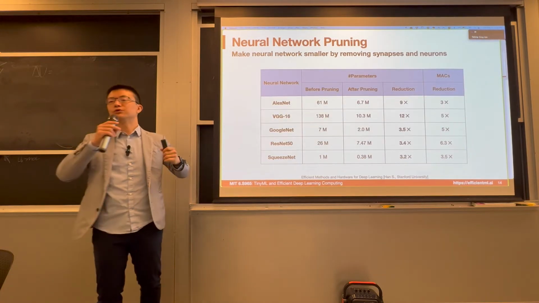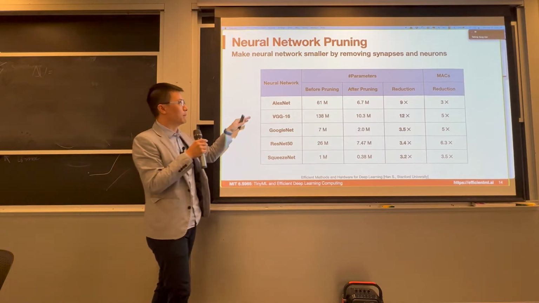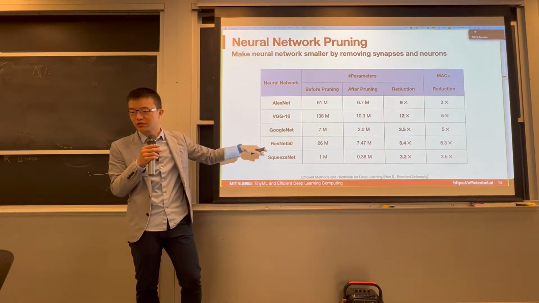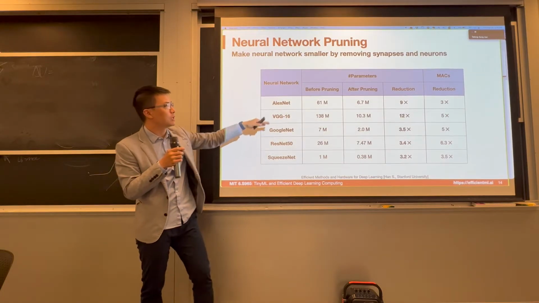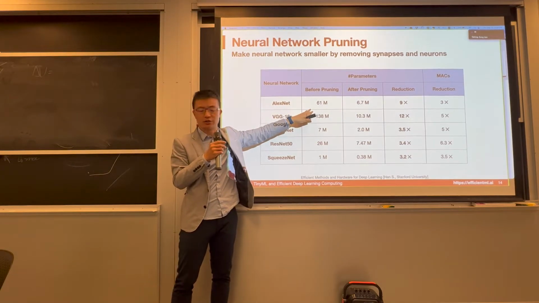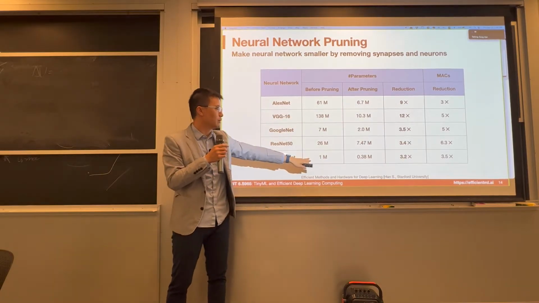So how much can we prune for these modern neural nets? I tried AlexNet, VGG, GoogleNet, ResNet50, SqueezeNet. Before pruning, the number of parameters of these neural nets ranges from 60 million to 1 million, right?